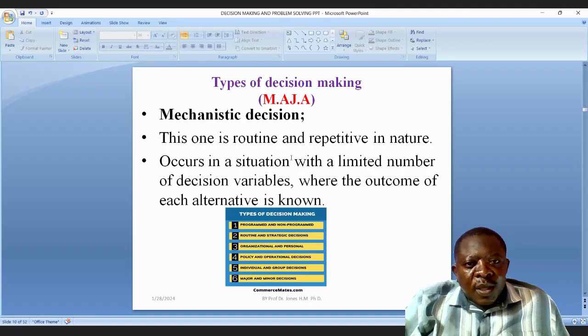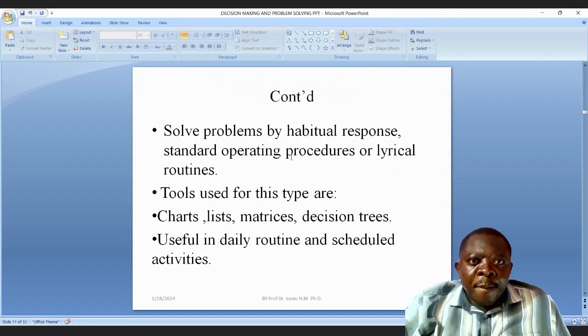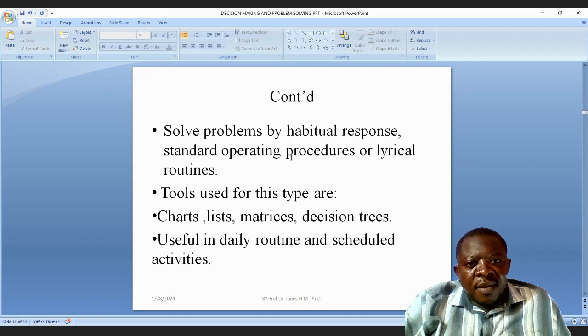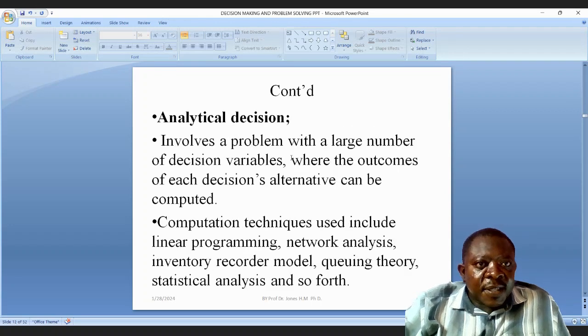You know the alternative outcome. Mechanistic decision helps us to solve problems by habitual response, standard operating procedures, or similar routines. Tools used for this type are charts, lists, matrices, and decision trees, and these are useful in our daily routine and scheduled activities.